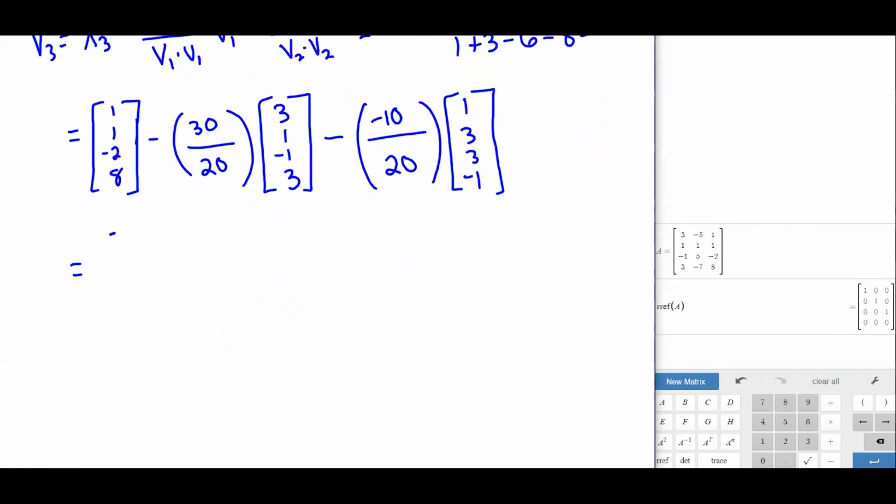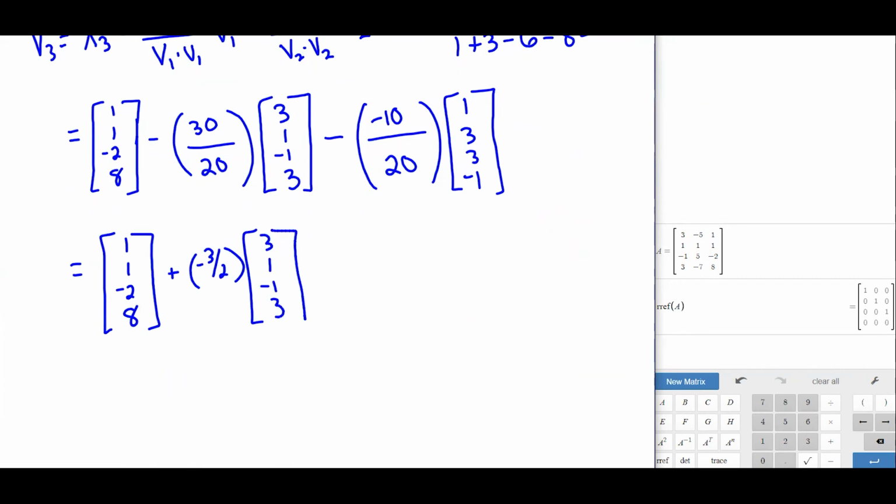So let's simplify a little bit. I'm going to say plus negative 3/2 times v1. It's going to be plus positive 1/2, right? 10 over 20. These two negatives are going to cancel. Times 1, 3, 3, negative 1.